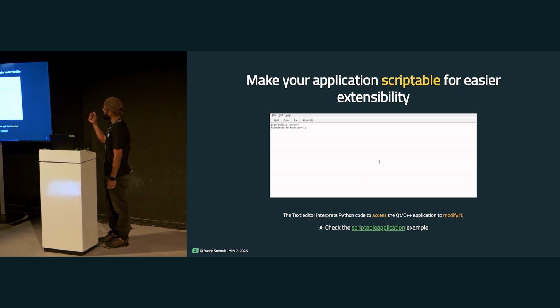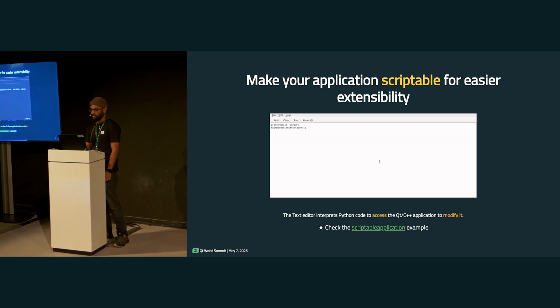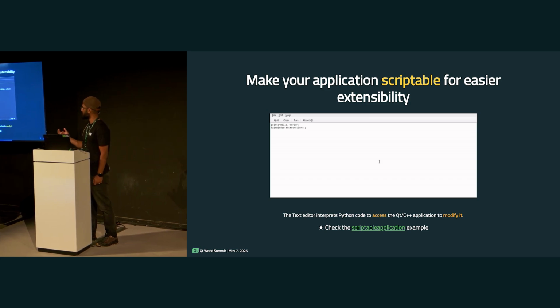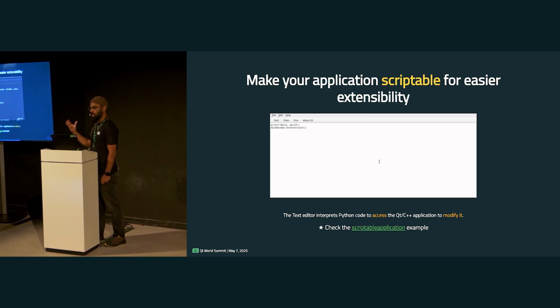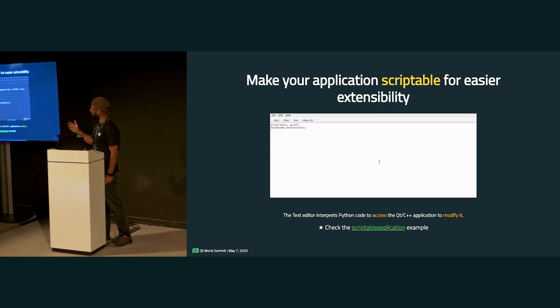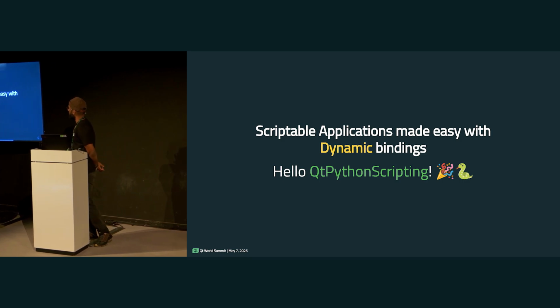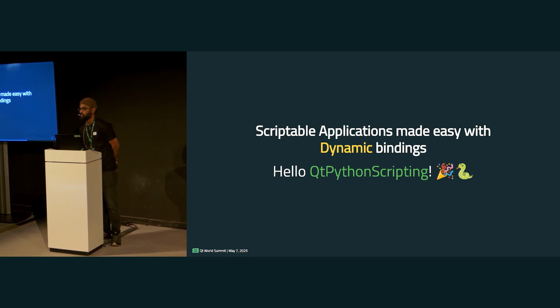Based on this idea, the scriptable applications idea, where you can create Python plugins for your Qt C++ applications, and also taking inspiration from Shiboken, we decided to take it one step ahead by introducing dynamic bindings. Scriptable applications made easy with dynamic bindings.